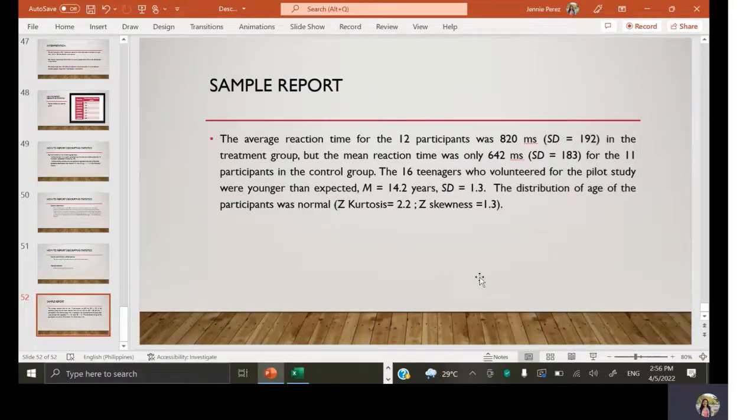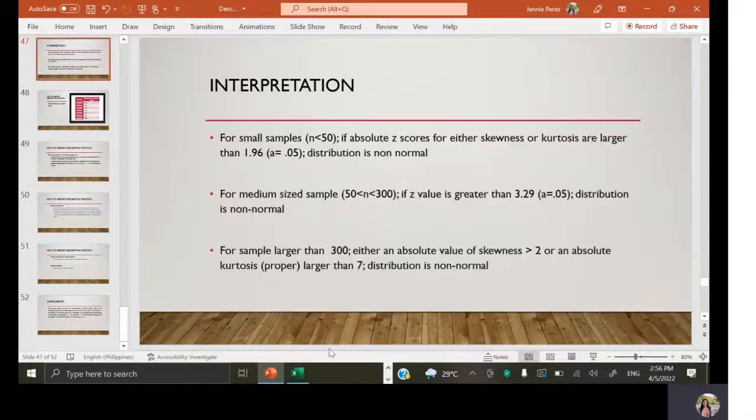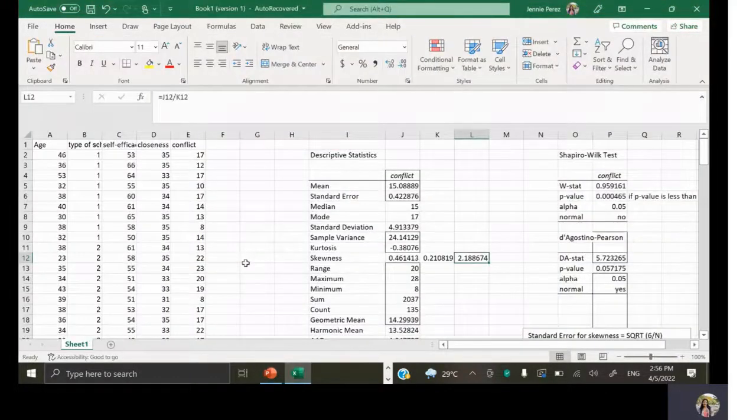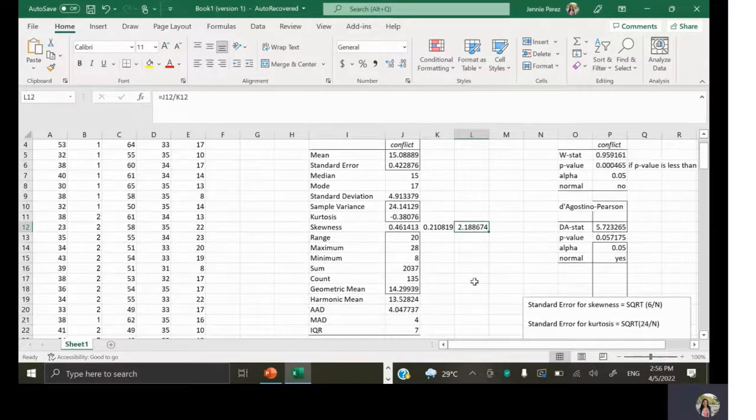And for this lesson video, you have learned how to compute descriptive statistics of your data set and how to interpret your data, whether it's normal or not normal, based on the Shapiro-Wilk test and based on kurtosis and skewness. Okay, we also learned about the measures of central tendency and measures of variation.